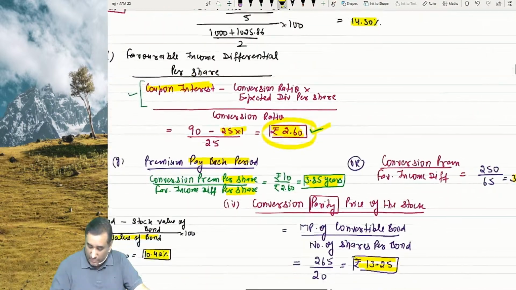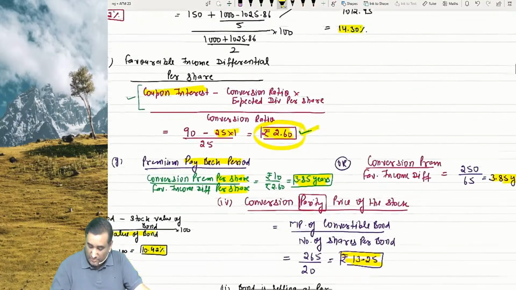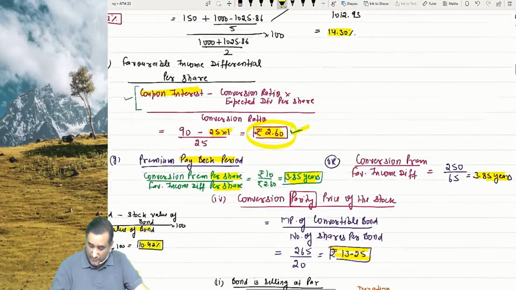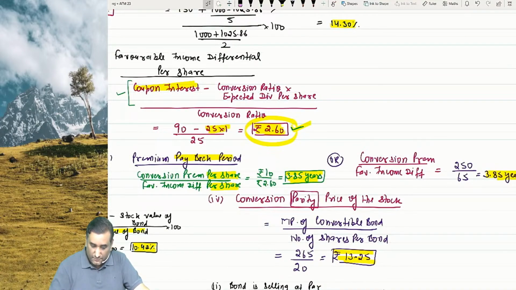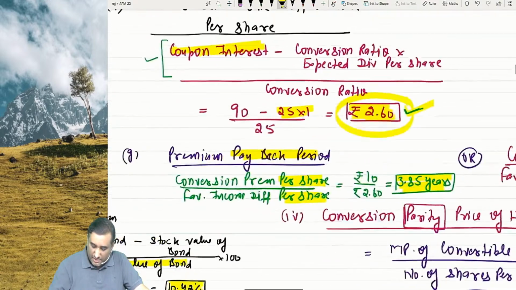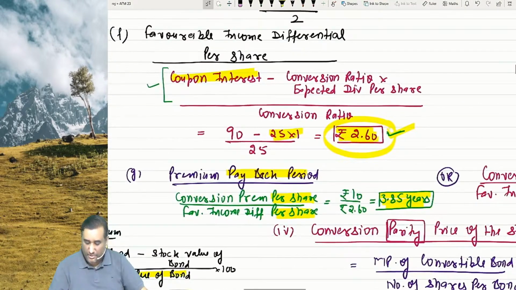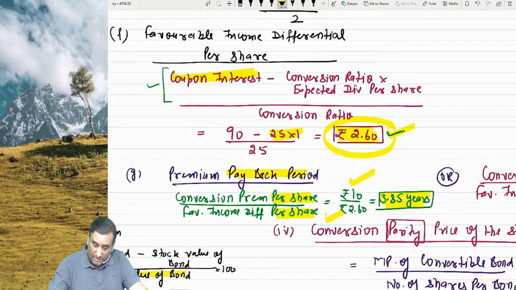Second, what we learned just now was the formula: conversion premium divided by favorable income. That gives the total also. So either I can do it per share. If I do per share, favorable income differential per share comes to 2.6. Pay 10 rupees extra, divide by 2.6, gives you 3.85.